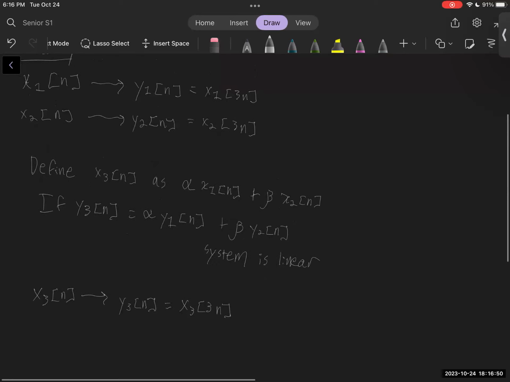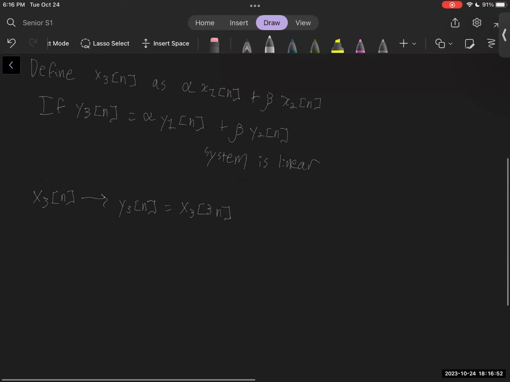And we know we defined our x3 to be alpha x1 of n plus beta x2 of n. Which is going to give us alpha x1 of 3n plus beta x2 of 3n.